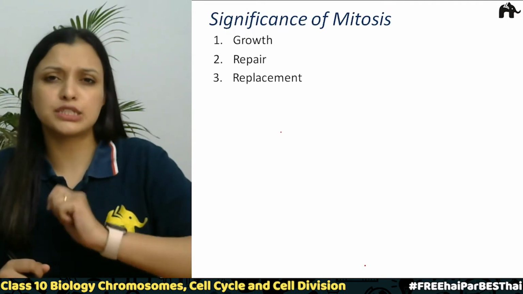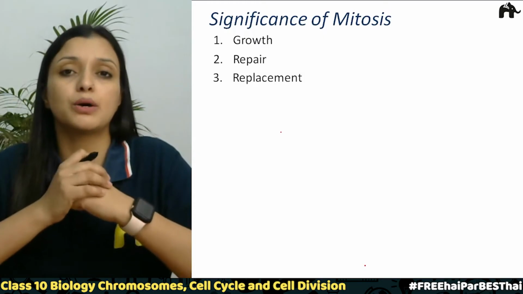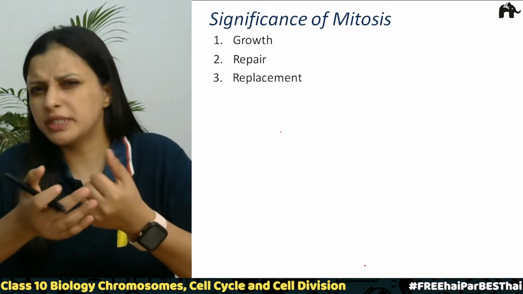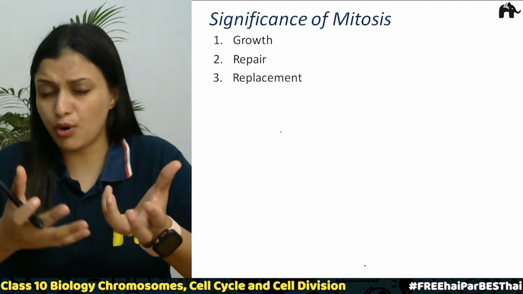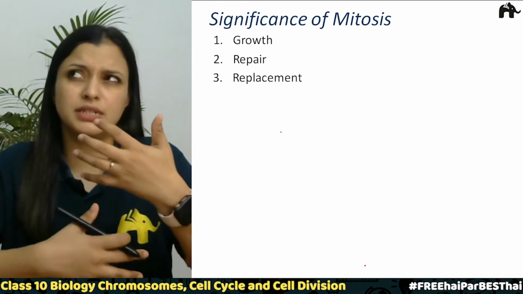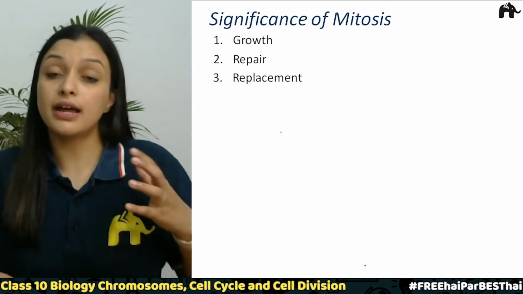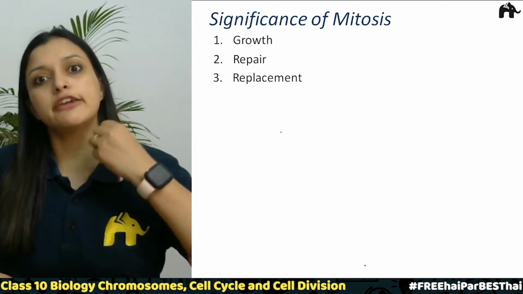Then coming on to the next point, that is replacement. When we were talking about different types of cells, why we need cells, how often the body needs to make new cells, we studied that there are some cells which live throughout life.